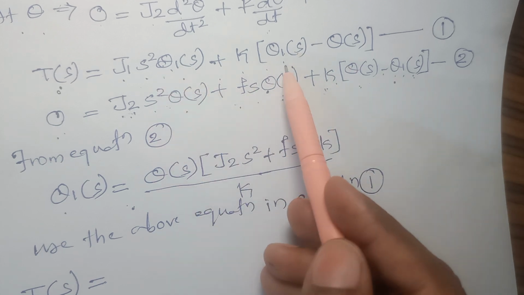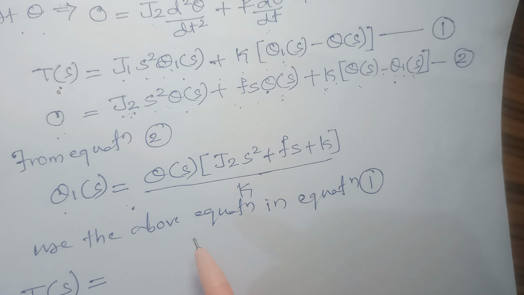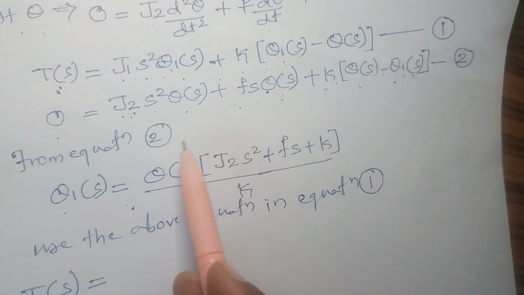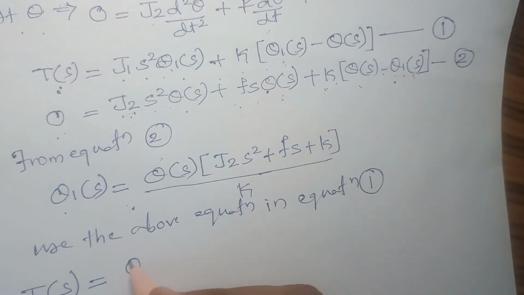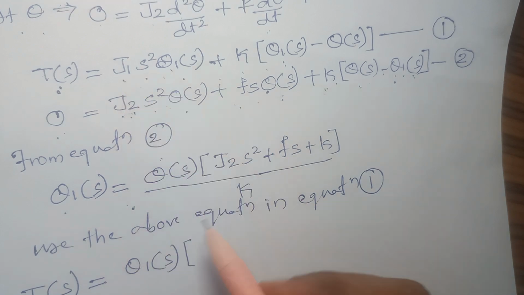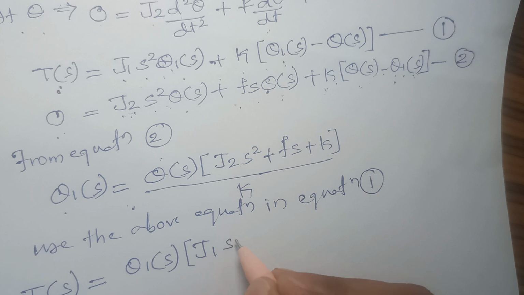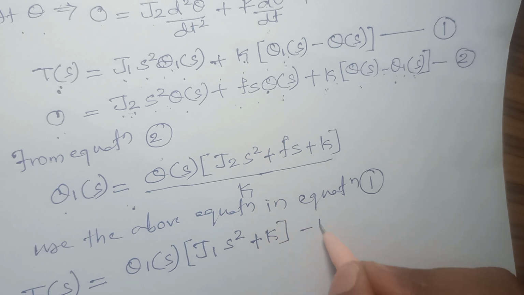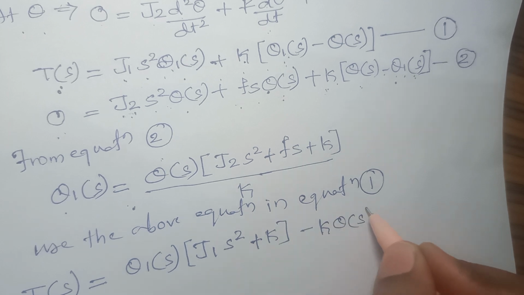Sorry, you have to use the equation 1. So here we will write it as theta 1 of s into j1 s square plus k, minus k into theta of s.